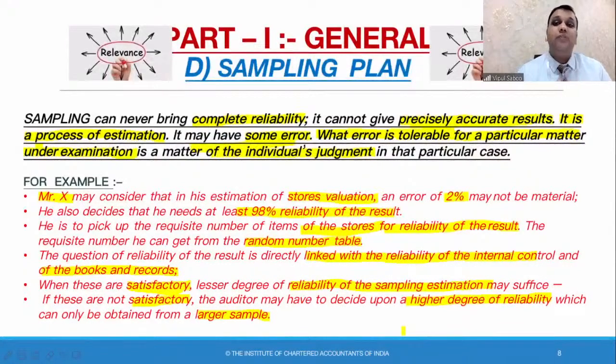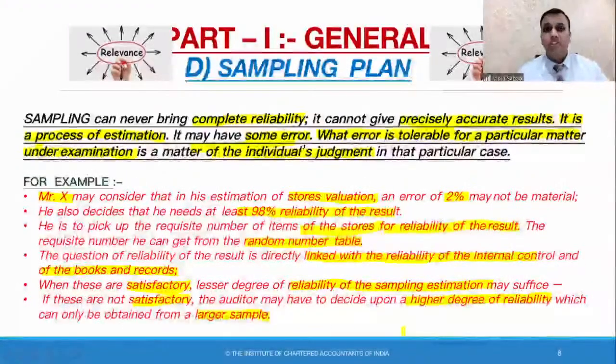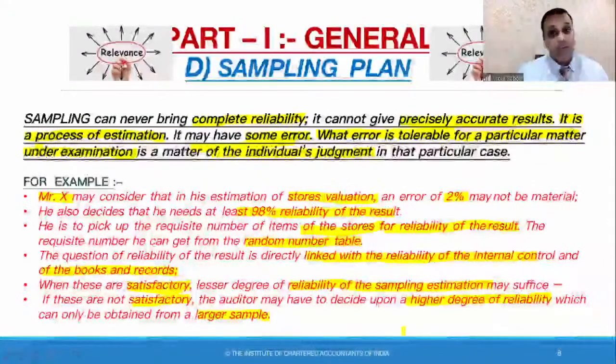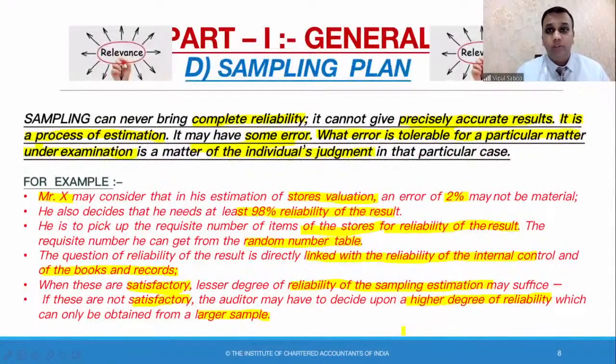The first platform was the test of controls. It reached there in time, means the auditor is satisfied with respect to the controls. Further, the second station was books and records. The auditor is satisfied. Yes, books and records are good.